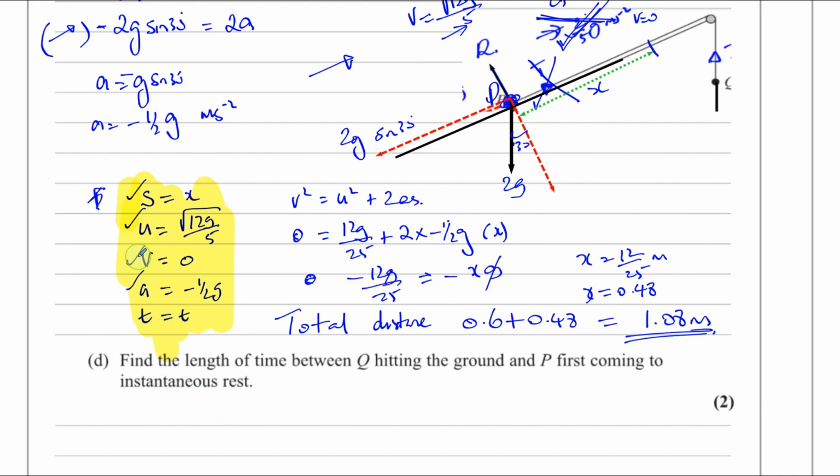So here we can use V equals U plus AT. We know V is 0. We know U is root 12G over 5, and A is negative a half G, and T is what we have to find.